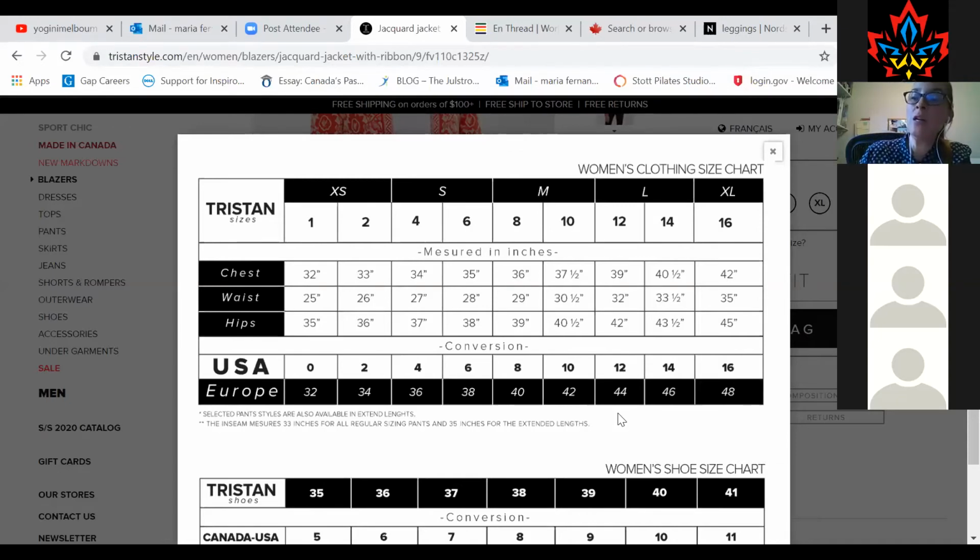So the size chart gives you the idea of specifically the inches that you need to fulfill. So I'm positive this for you is small and this for you is medium. This for you is still large, and this for you will be extra small.